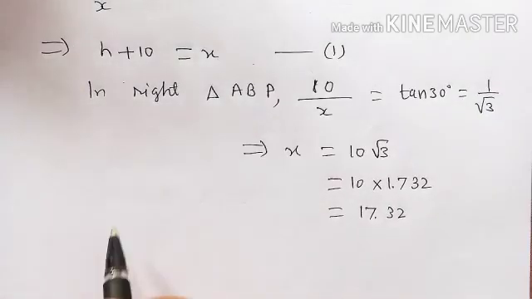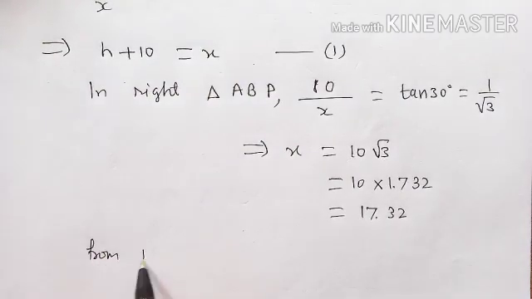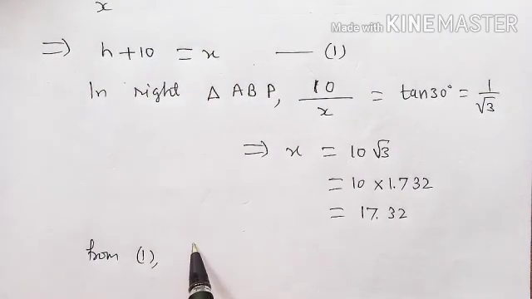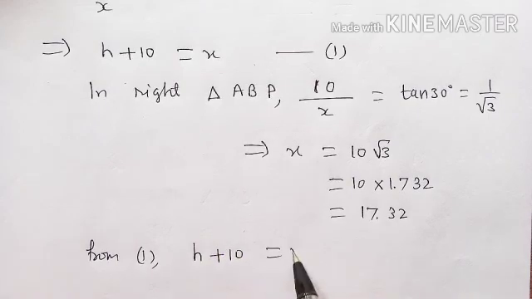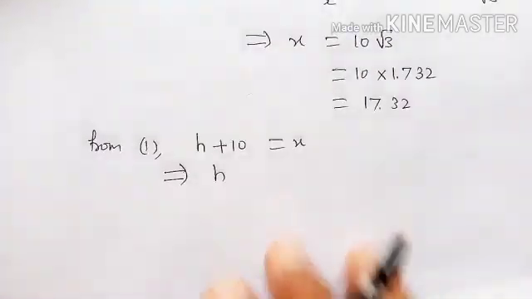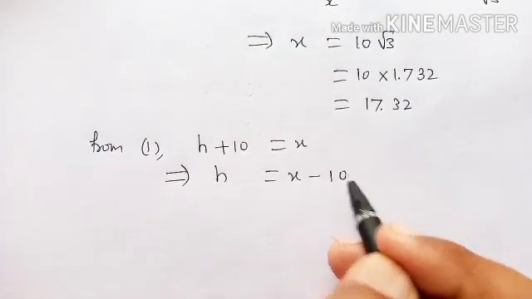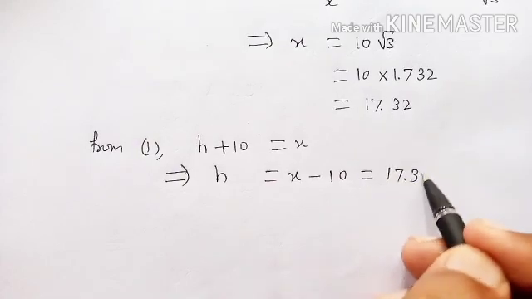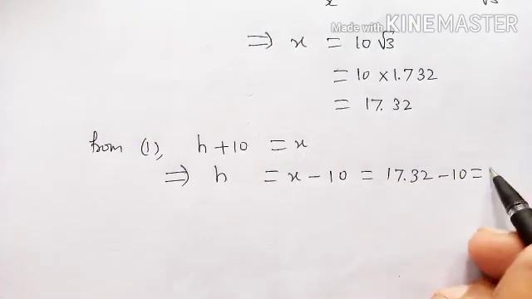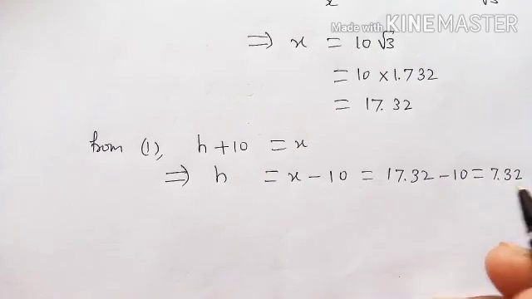Now from 1, h plus 10 is equal to x implies that h is equal to x minus 10. So 17.32 minus 10, this is 7.32.